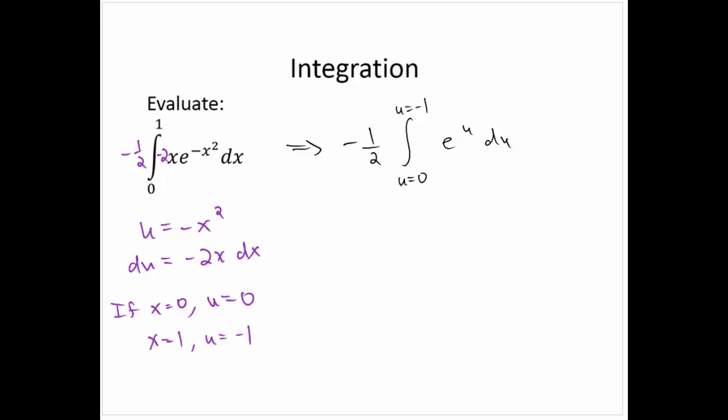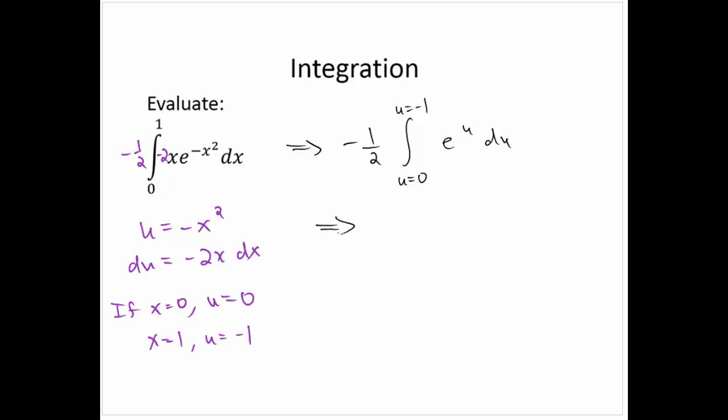Now notice I have this integral from u equals 0 to u equals negative 1. We usually don't like that. We like the limits of integration from the lesser number to the greater number. And we're allowed to flip the limits of integration.